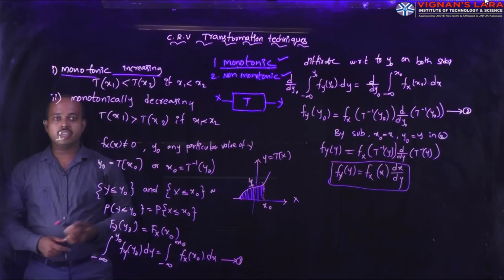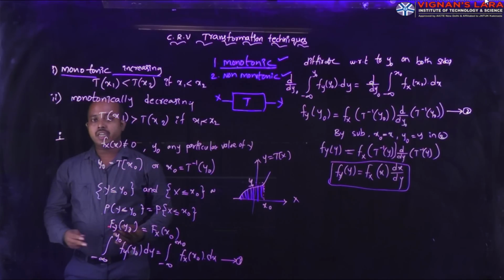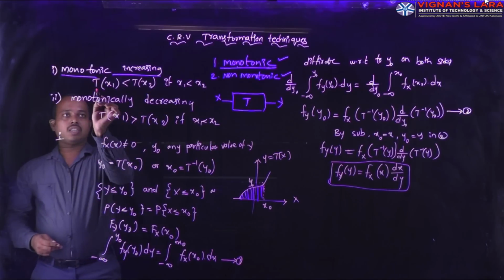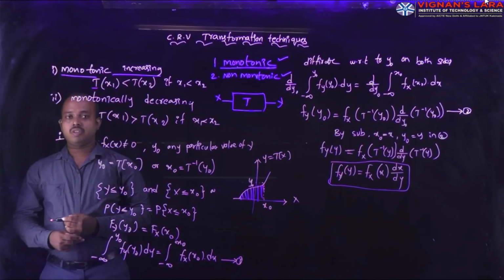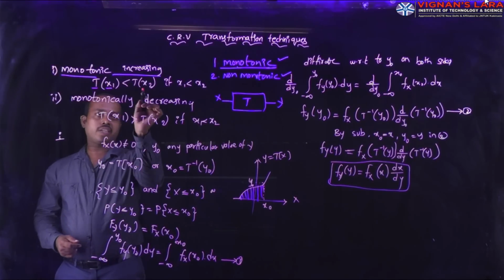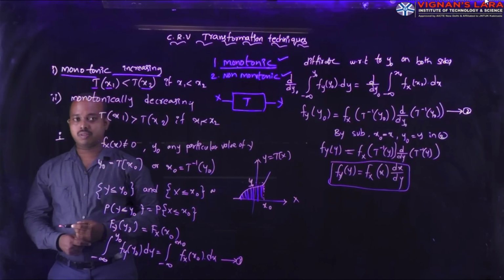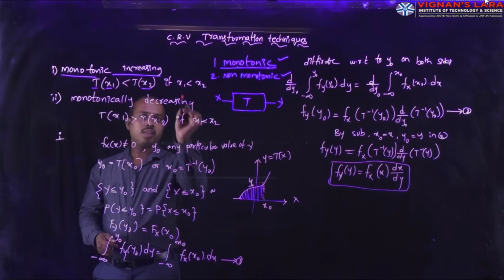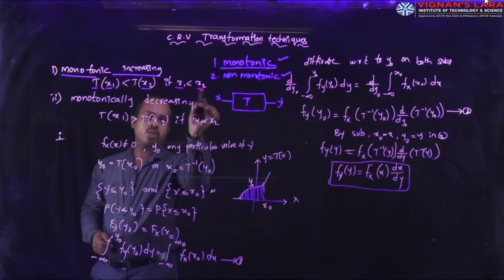In the monotonic increasing technique, we represent things in terms of variables. Here T represents the transformation, and x1 and x2 are the variables. Here I assume that x1 and x2 have the relation of less than.